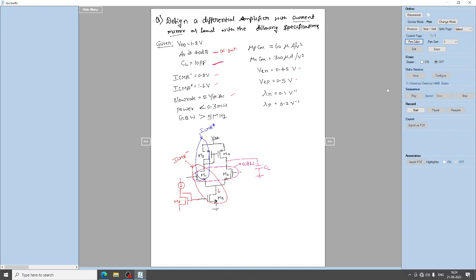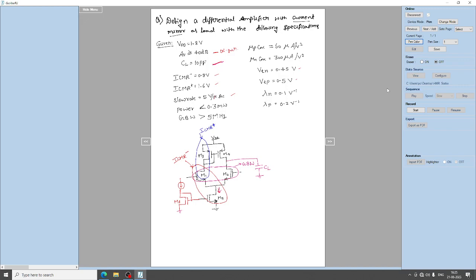Now, in the design procedure, the first thing is we need to find the current flowing through this differential amplifier circuit. First we have to find the maximum current.